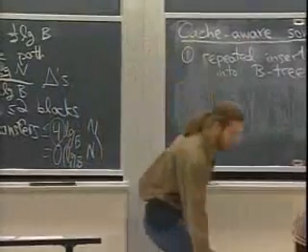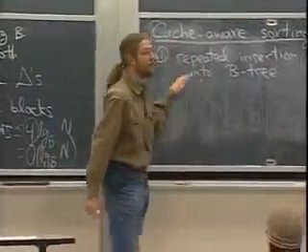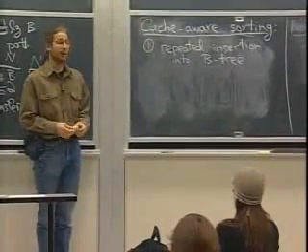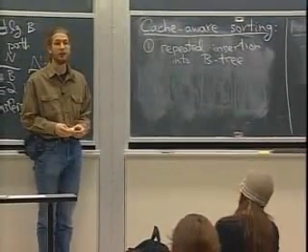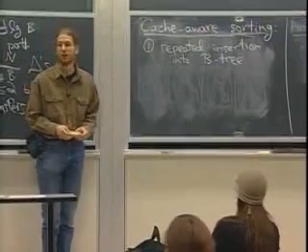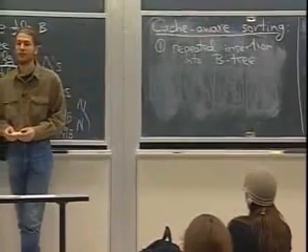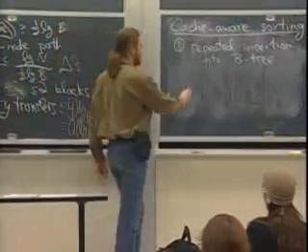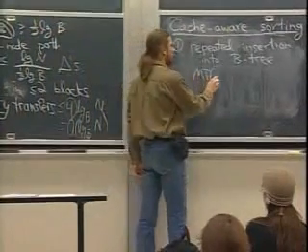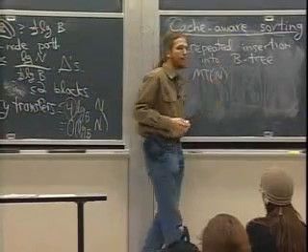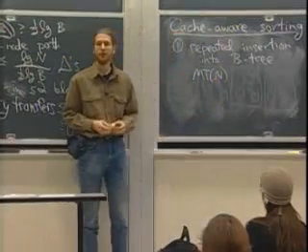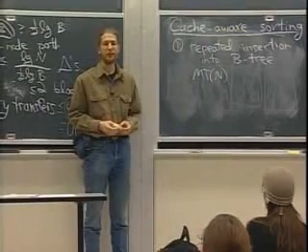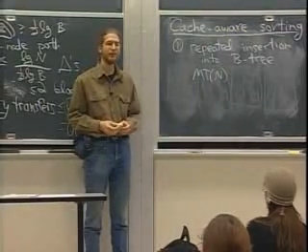So, how many memory transfers does this algorithm for sorting take? The number of memory transfers, as a function of n and B and M, is, this is easy.